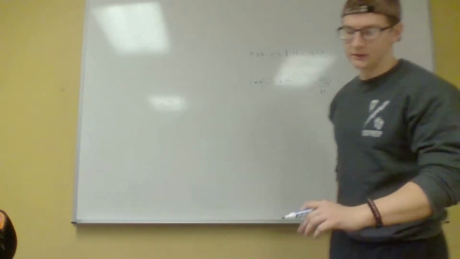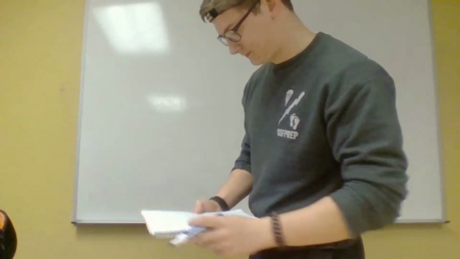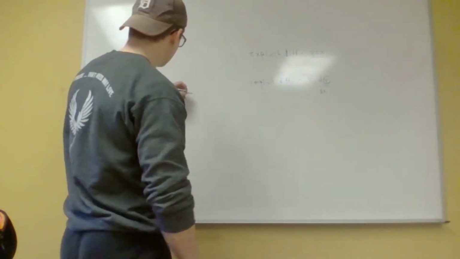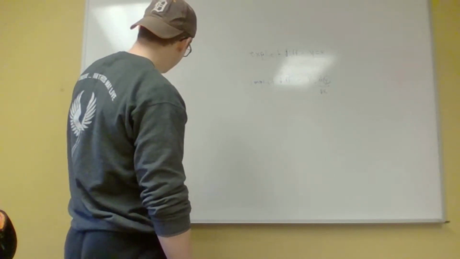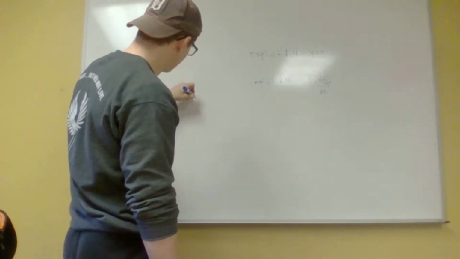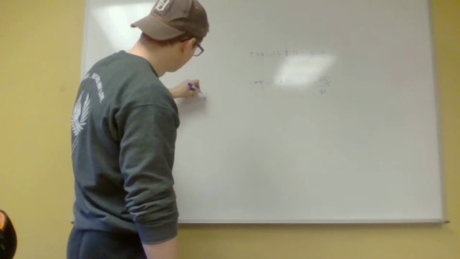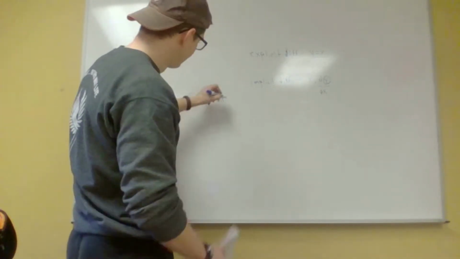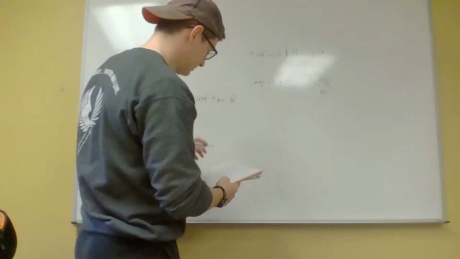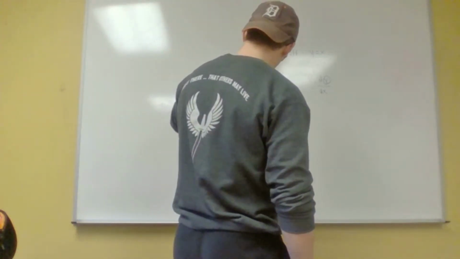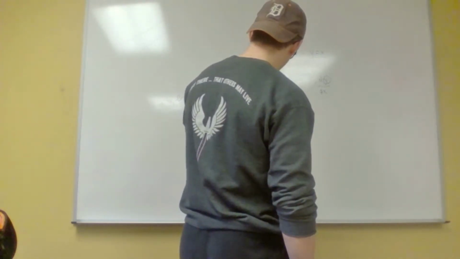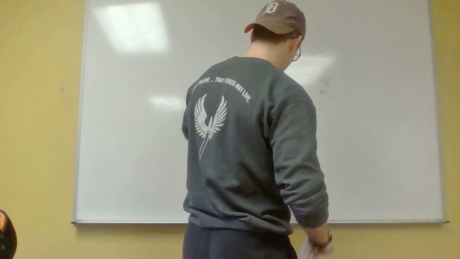is, let's find an example problem here. We want to find the tangent line at x squared y to the fifth equals 4y squared minus 3x.